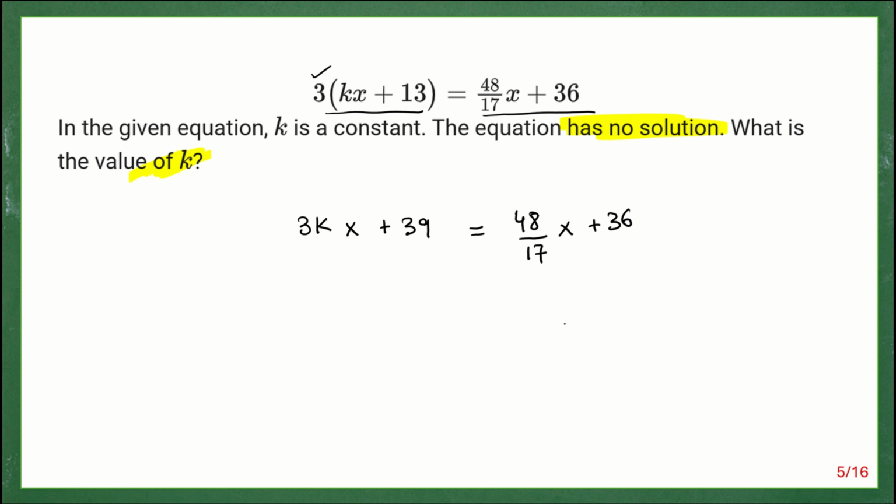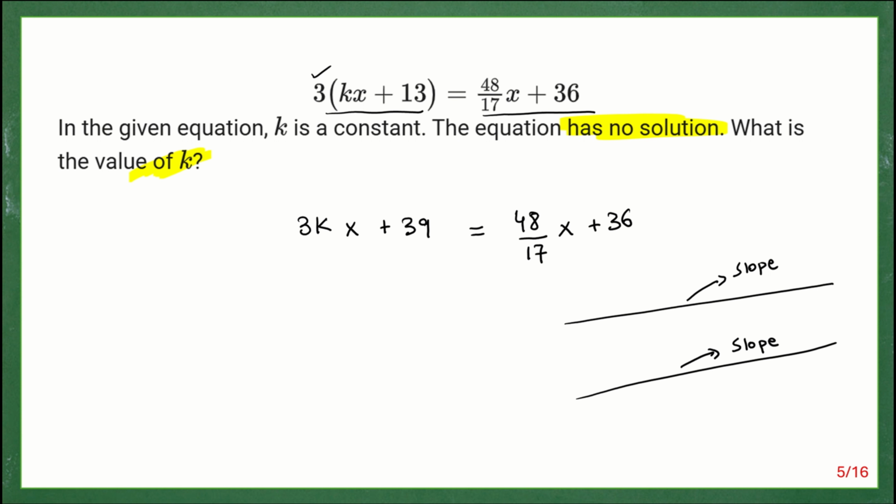So mainly I have one line here and another line here, and since it has no solution, meaning that the slope of these two lines is identical to one another. Okay, so because they are parallel to one another, however, their intercepts will be different.